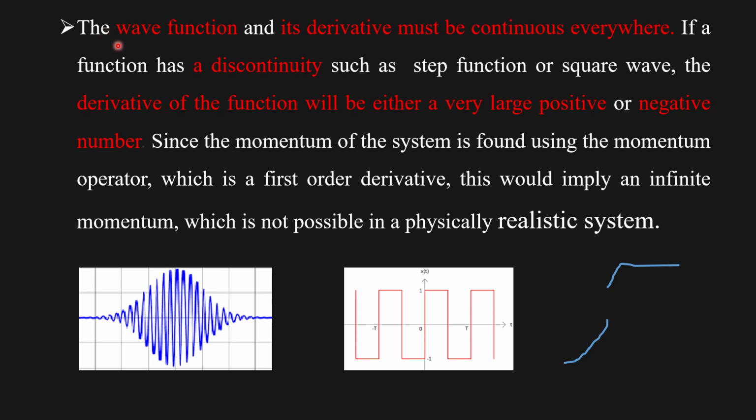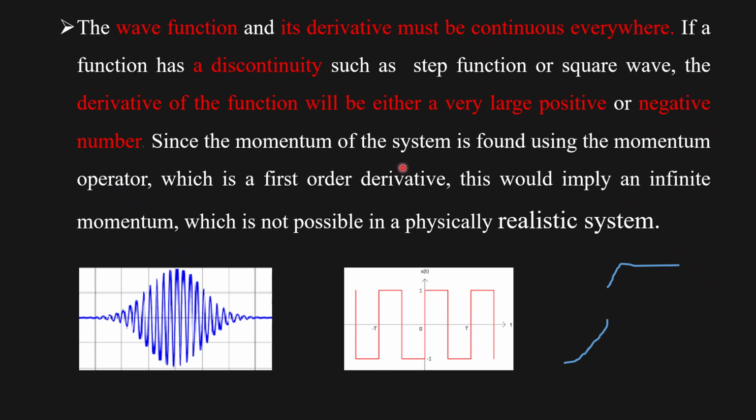As I said, the wave function and its derivative must be continuous everywhere. If a function has a discontinuity, such as a step function or square wave, the derivative of the function will be either a very large positive or negative number.